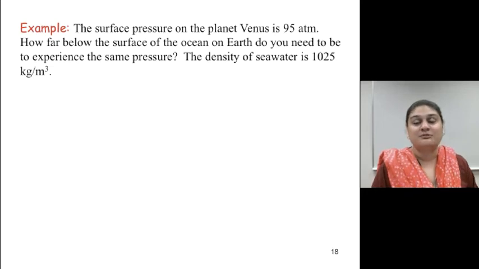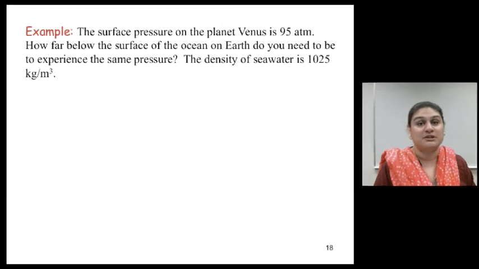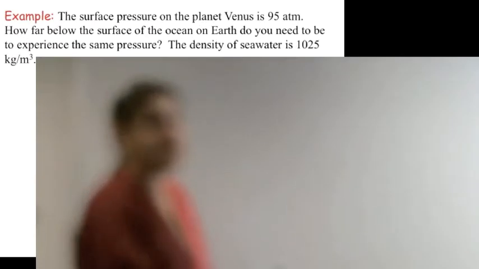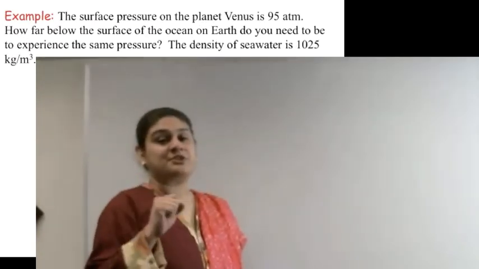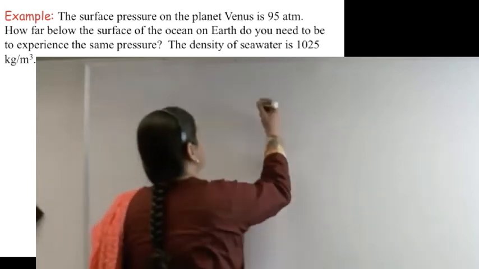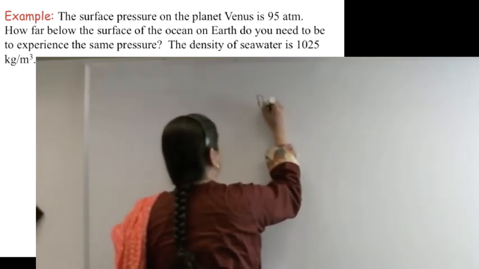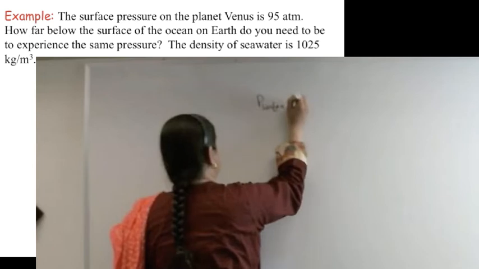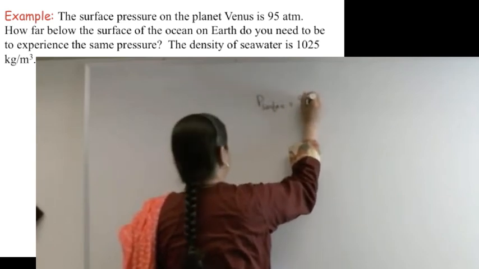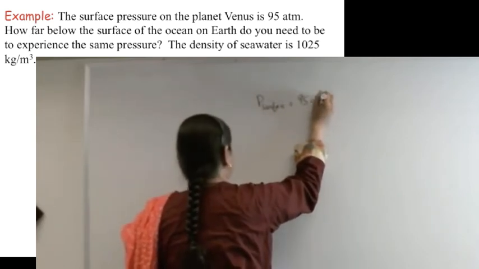Another very interesting question. The surface pressure on planet Venus is 95 atmospheres. How far below the surface of the ocean on the Earth do you need to be to experience the same pressure? The density of seawater is 1025 kilograms per meter cubed. Here, they're saying that the surface pressure on Venus is 95 atmospheres.